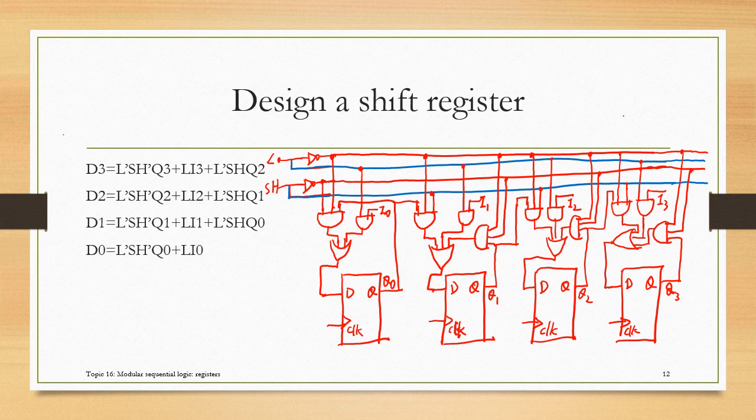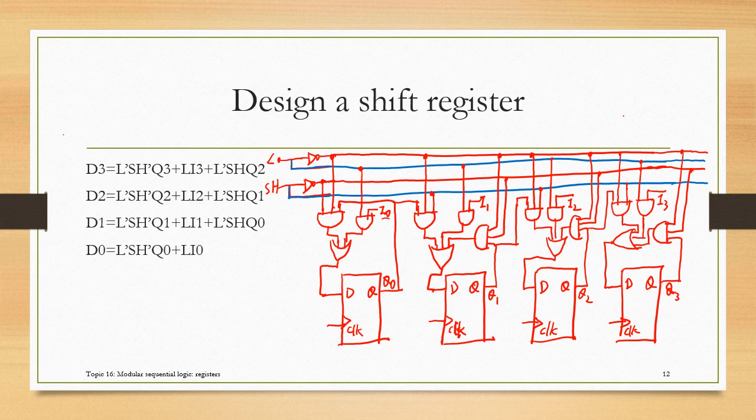So in this shift register, we have 4 D flip-flops. So like I said, we design for the input, using the two control inputs and the data input to form an input circuit to send the value to the input of each flip-flop.